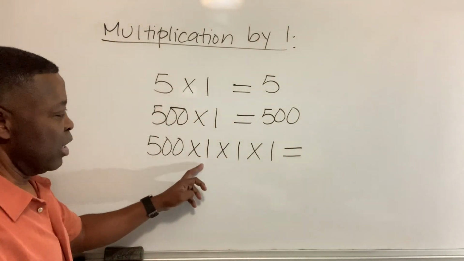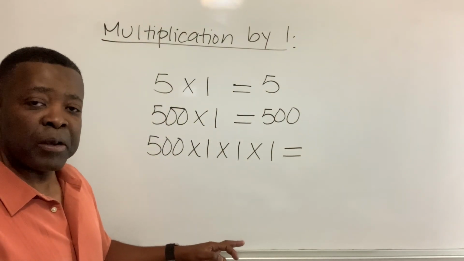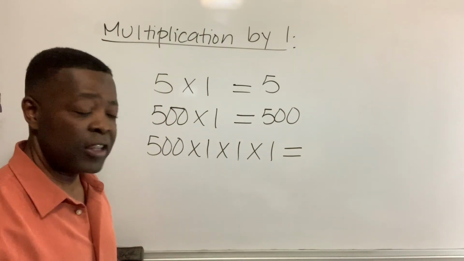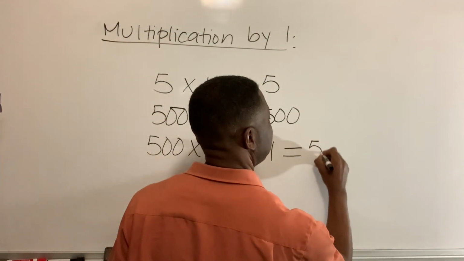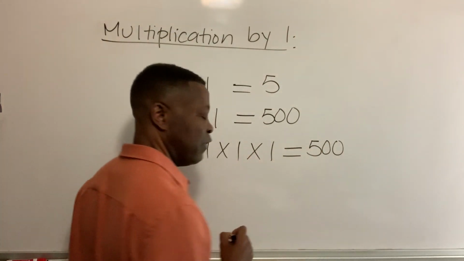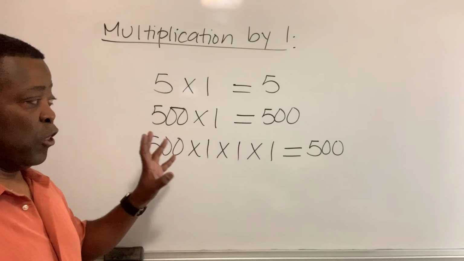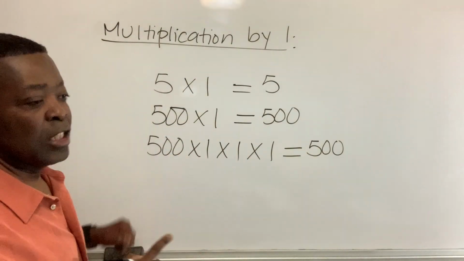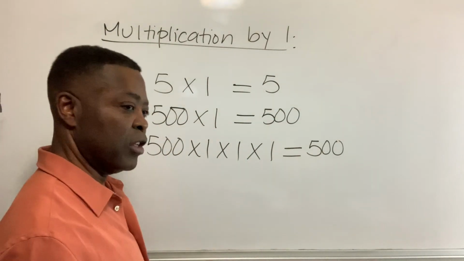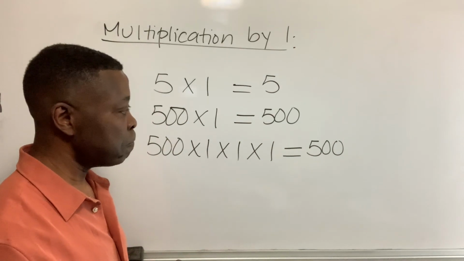I multiply by 1 three times, but I don't change anything. I still have 500. So we're going to use this principle to cancel our units in our unit analysis problems.